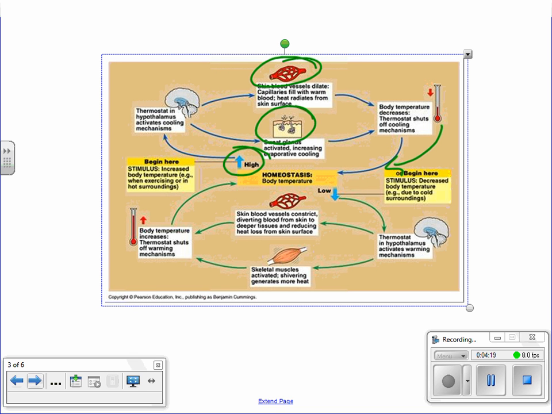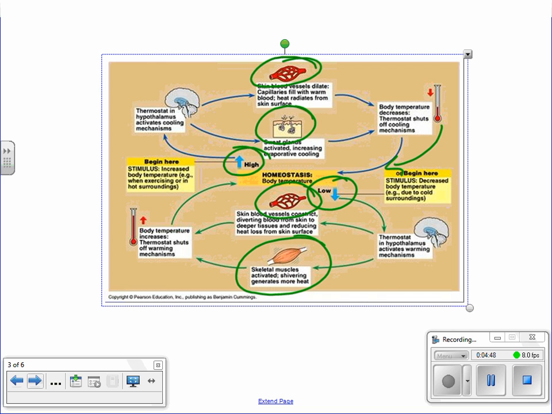If your body temperature gets low in a colder environment, your hypothalamus is still going to recognize that. But what it's going to do, first off, is constrict your blood vessels. It's also going to start stimulating your skeletal muscles to start vibrating. Now, we know from the circulation chapter that your skeletal muscles surround parts of your blood vessels, pushing the blood around the body.